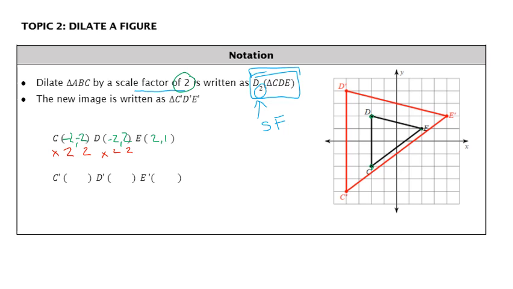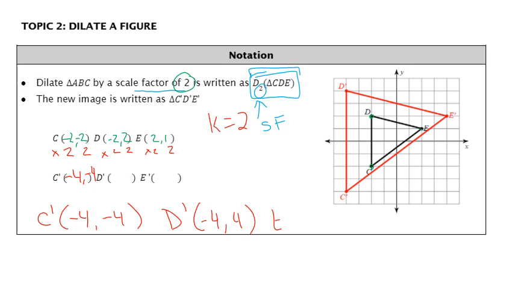And then we're going to even check it on the graph to make sure that's correct. So you're basically taking all those and just multiplying every single value by 2, because that's our scale factor. So I would get -4, -4 for C prime. D prime would be -4, 4.